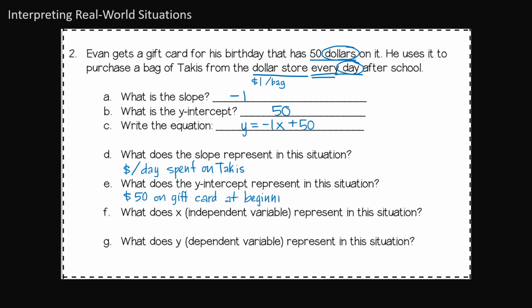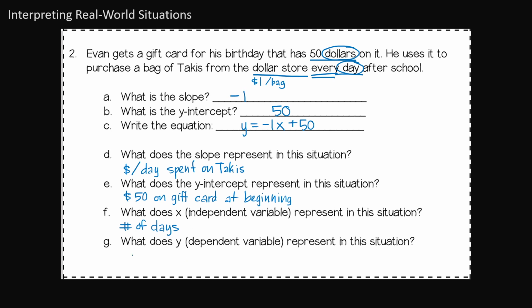So now let's take a look at these variables. The x variable, the input, is basically the number of days. Usually the input is time. So we're going to say the input is the number of days that he goes to get a bag from the dollar store.